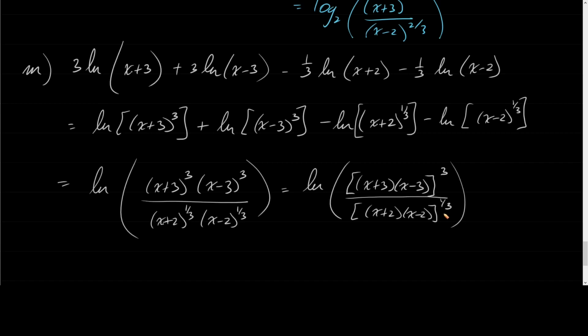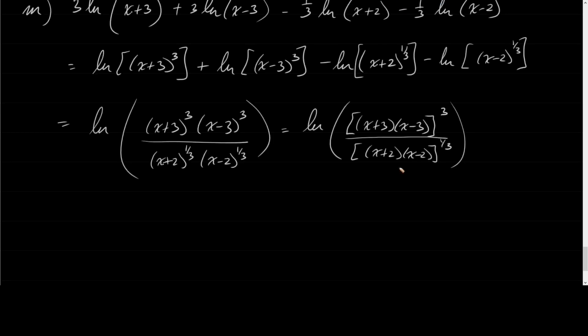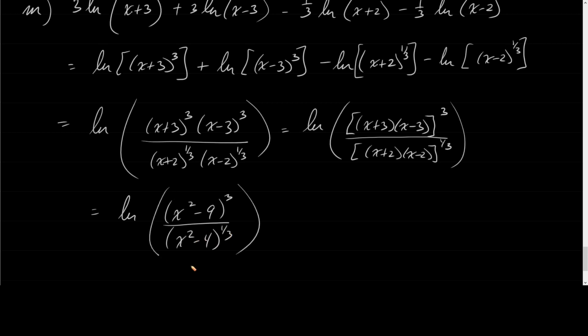There we go. And finally here, I see I have the product of conjugates both on top and the bottom. So this is really just ln of (x squared minus 9) to the 3rd over (x squared minus 4) to the 1/3. And that would be our final answer. We cannot go any further than that.